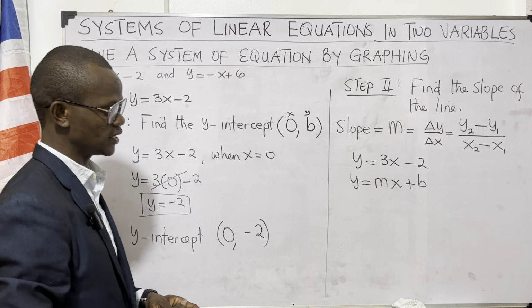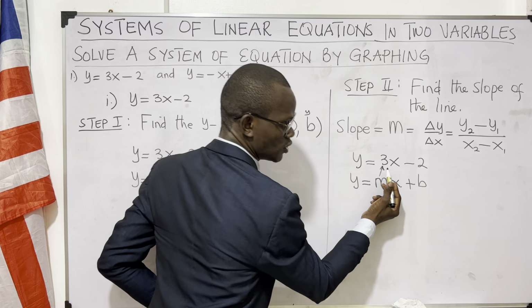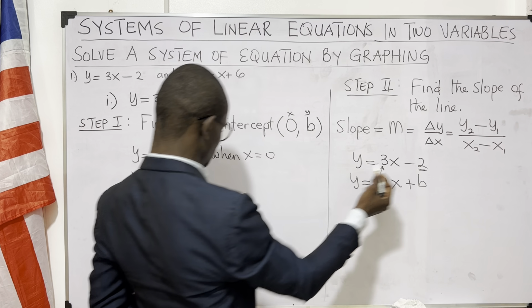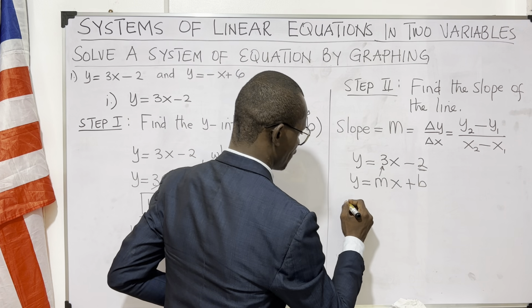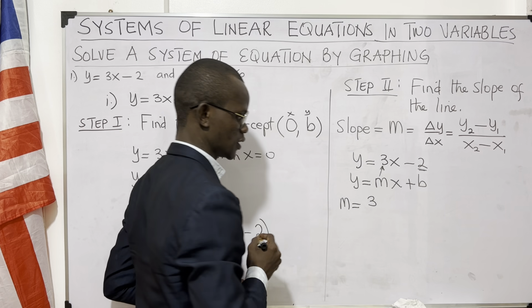So we see that our m is equal to 3 and our b is equal to minus 2, the same thing that we had earlier. So the slope is just equal to 3.